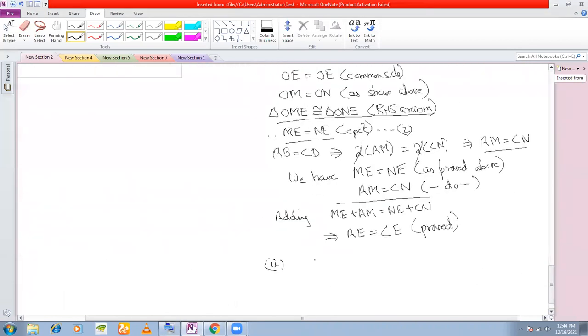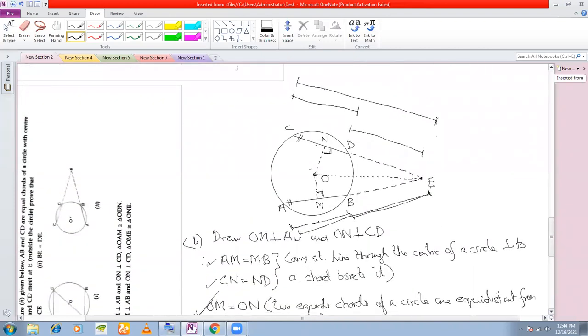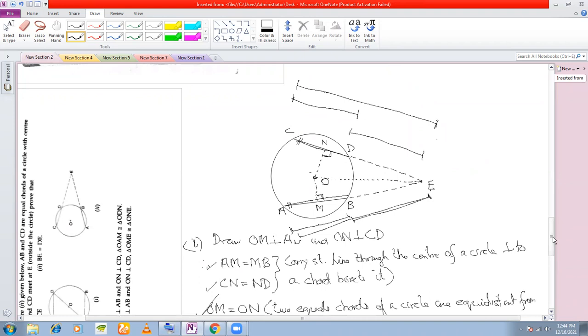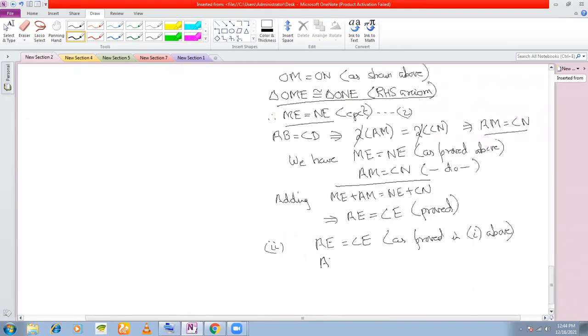Number two, AE is equal to CE, as proved in one above. And we have the chord AB equal to chord CD. These two chords are given to be equal. So we write AB is equal to CD. This is given.